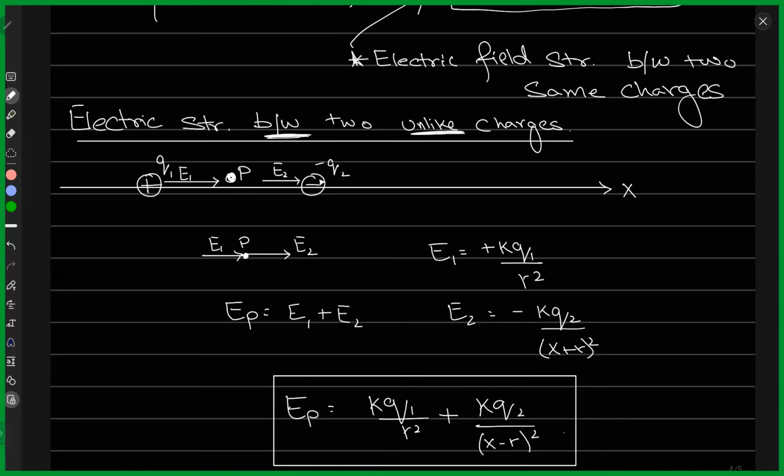The only difference is because this is a negative charge, there would be a negative sign with that. When you add those two, they would become this thing. And this would be the total electric field strength experienced by any point P that lies between two different types of charges, right? And that's where we stopped.